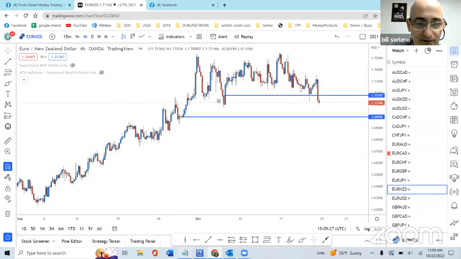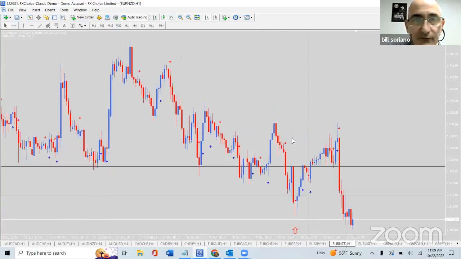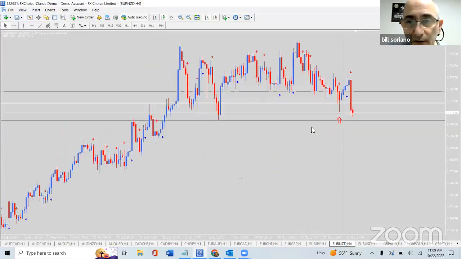So if we look at this on our MT4, right? We go to the 4-hour chart. Where's our candlestick at on the 4-hour chart?